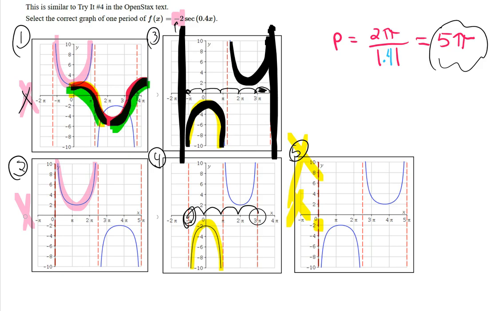Anyway, I counted 5 humps. I just had to put a partial hump at the right end and the other partial hump at the left end to make my 5 units of pi in between those 2 vertical bars.